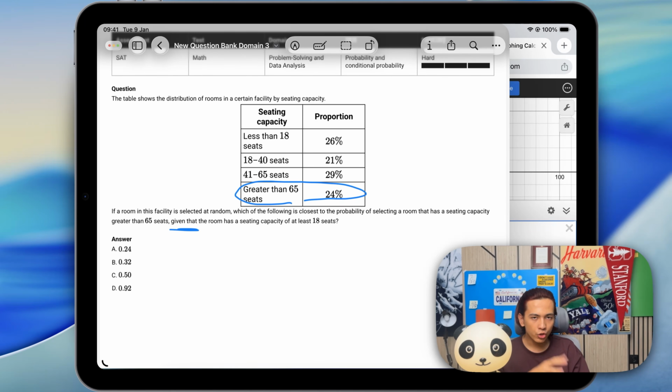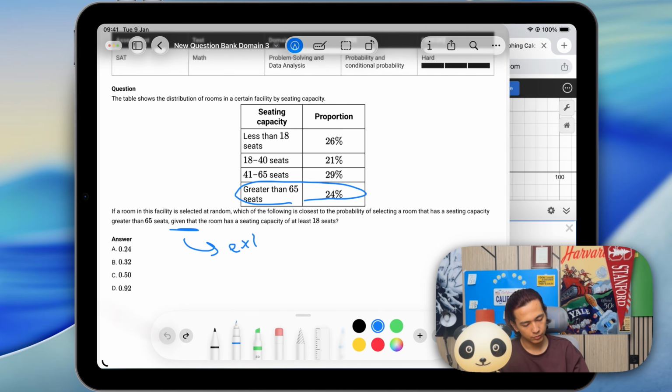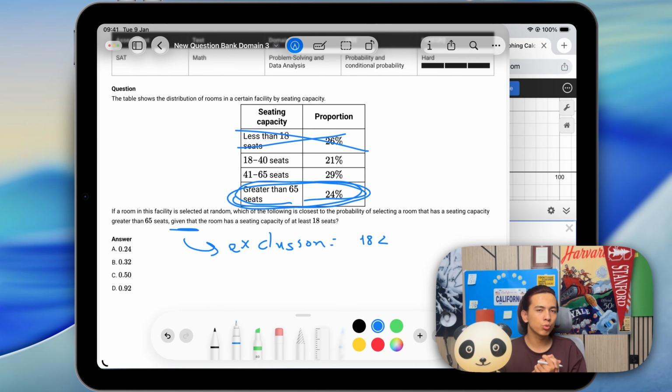It means you're not choosing from rooms that are less than 18, right? You're excluding them. So we have exclusion. Then you want to find out the probability of this, right? First of all, let's assume there were 100 rooms in this certain facility.